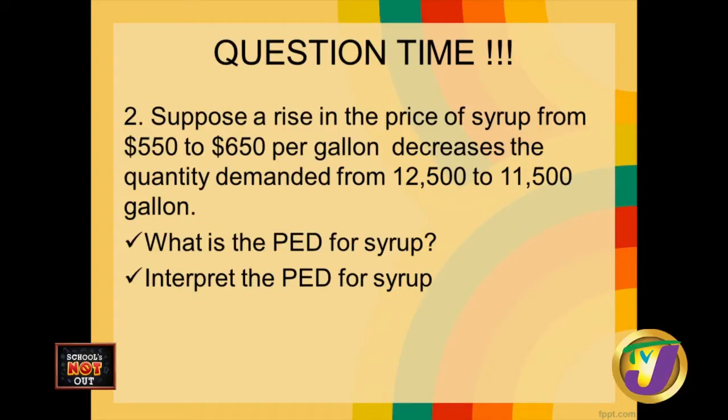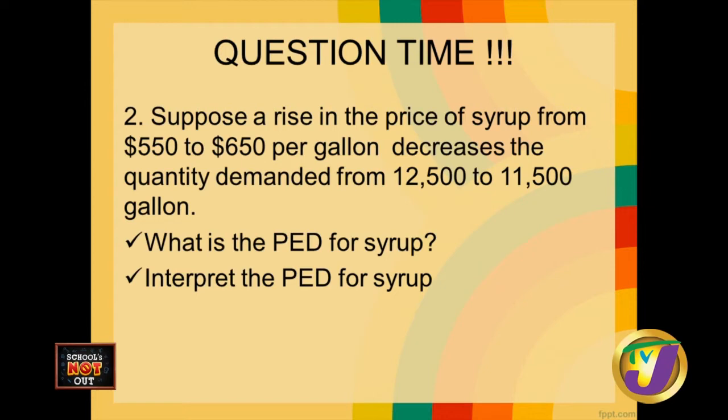This question says, suppose a rise in the price of syrup from $550 to $650 per gallon decreases the quantity demanded from 12,500 to 11,500 gallons. The day syrup goes to that price, I stop buying it totally.